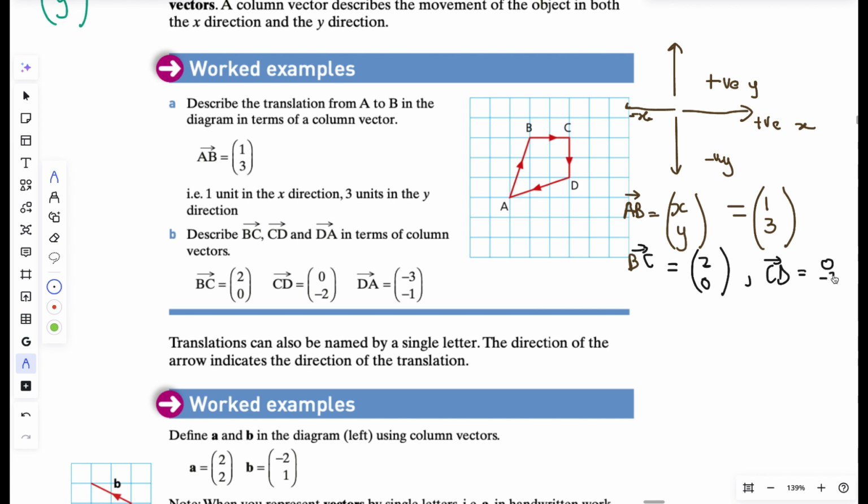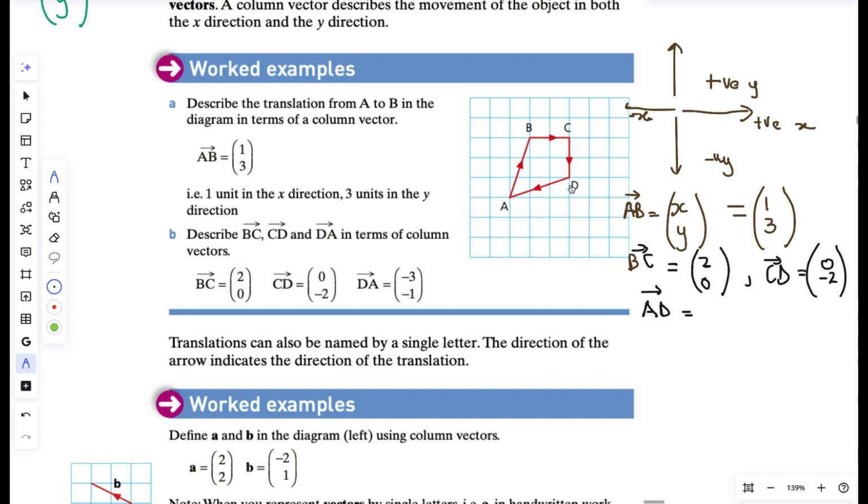How many boxes it went down determines the value. If it went down three boxes, you say -3. So you can see this vector. Now the last one, vector AD. Now we look at the x-axis.